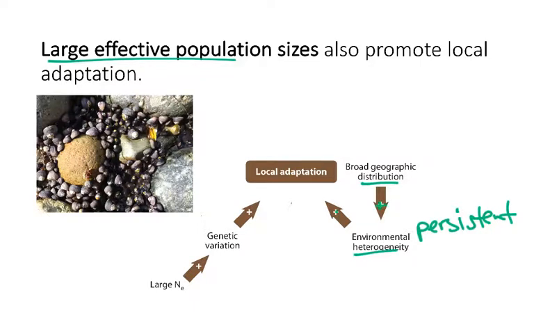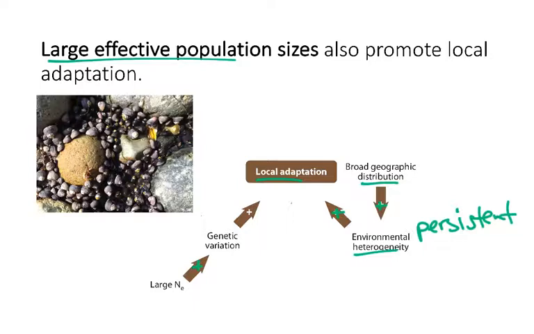That's what these little plus signs indicate. A large effective population size also is going to lead to local adaptation. Again, if you think about what we've talked about previously with the balance between selection and drift, if you have a larger effective population size, that means selection is going to have a stronger effect. Selection is that process that's causing local adaptation.